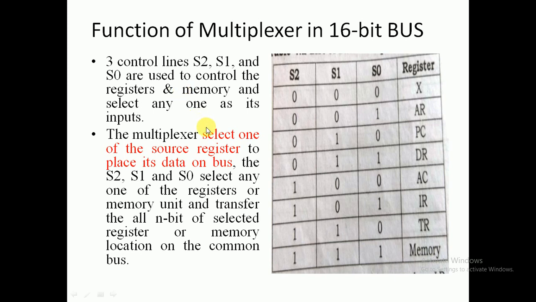The multiplexer selects one of the source registers to place its data on the bus. The S2, S1, S0 select any one of the registers or memory unit and transfer all the n bits of the selected register or memory location on the common bus. If the signal received on the multiplexer end is 0001, then it selects the address register and then it transfers the content of the address register onto the common bus.